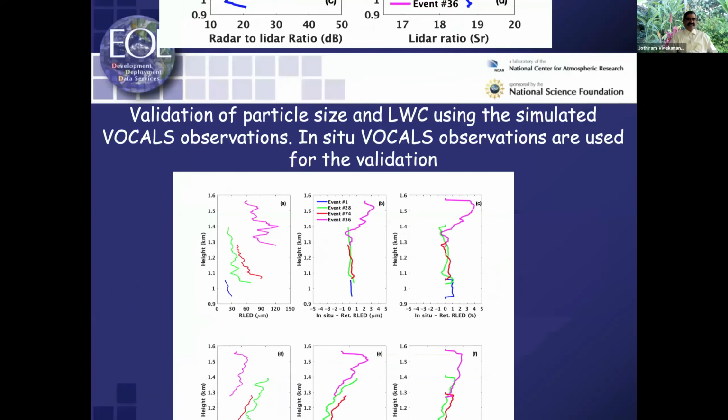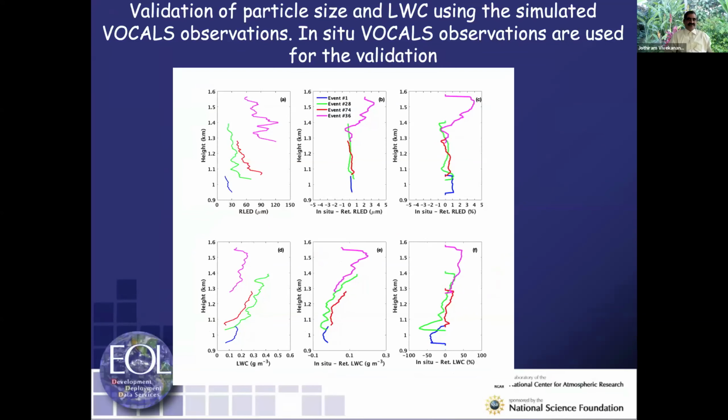Okay, these are the simulated observations, where I computed the radar-lidar simulated values for different droplet sizes, and the six curves on the top all correspond to size. The top left shows what I retrieved. The x-axis is the size in microns, the y-axis is the height.